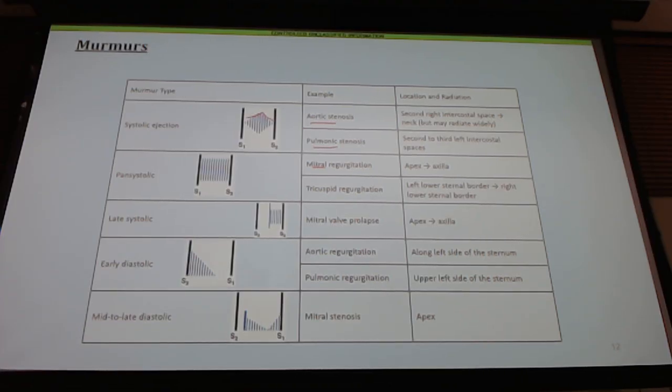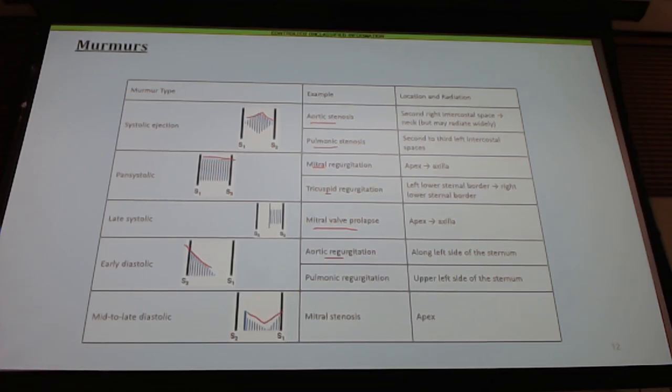If you have mitral or tricuspid regurg, it tends to be this pan-systolic or holosystolic murmur. Mitral valve prolapse is this late systolic murmur. Aortic and pulmonic regurg has this kind of decrescendo pattern. And then mitral and tricuspid stenosis tends to have this decrescendo-crescendo pattern.